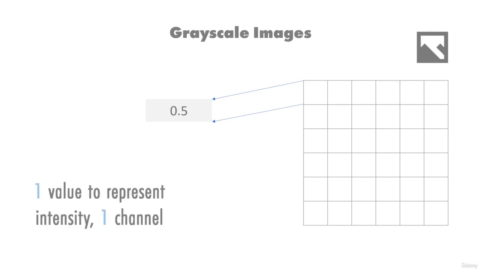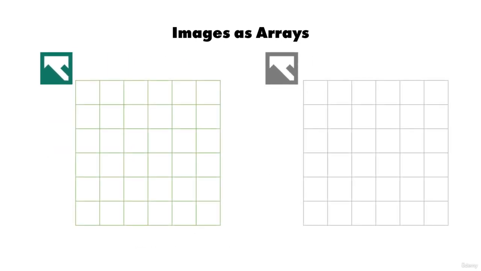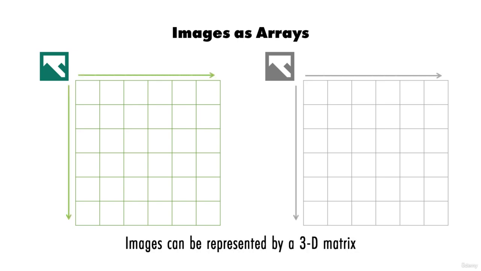So in conclusion, we have two different kinds of images. The two basic kinds of images that can be represented by arrays are single channel images and multi-channel images. So given this information, you should be able to figure out that images can now be represented by a three-dimensional matrix.